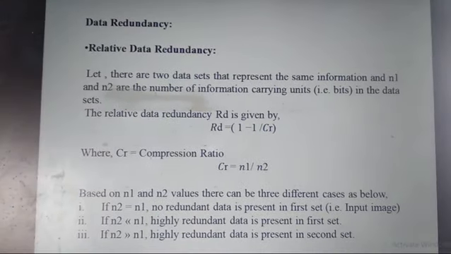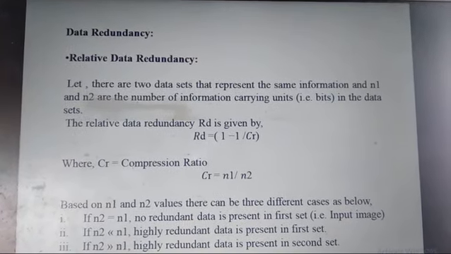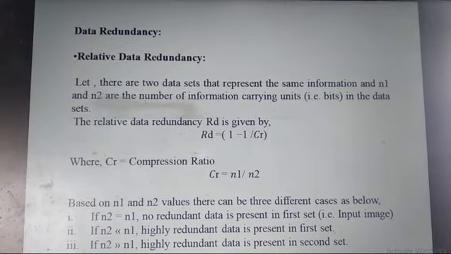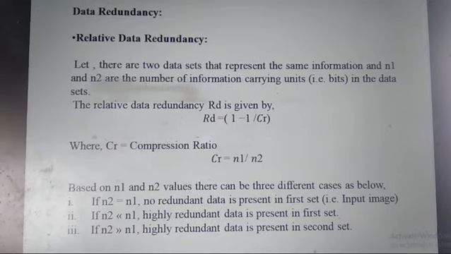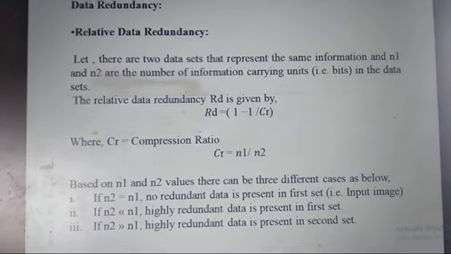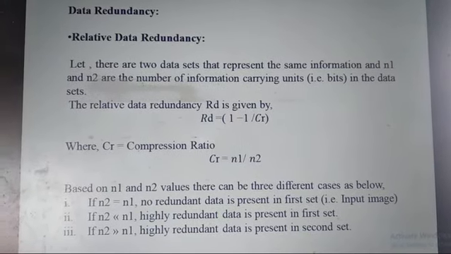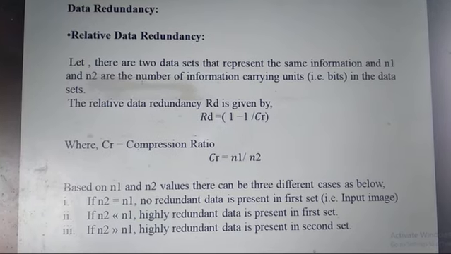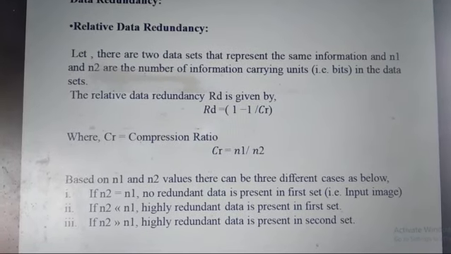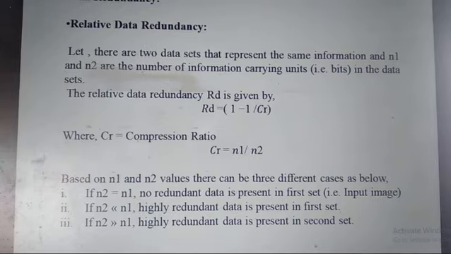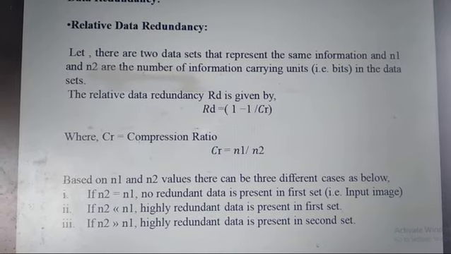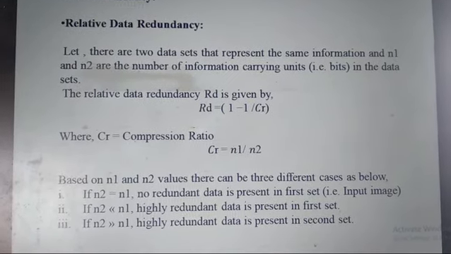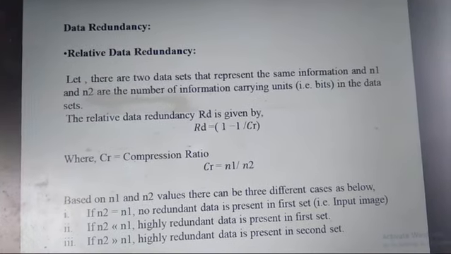In data compression or image compression, what is meant by data redundancy? Let us see. In relative data redundancy, we consider two data sets, N1 and N2, which have information carrying units and represent the same information.